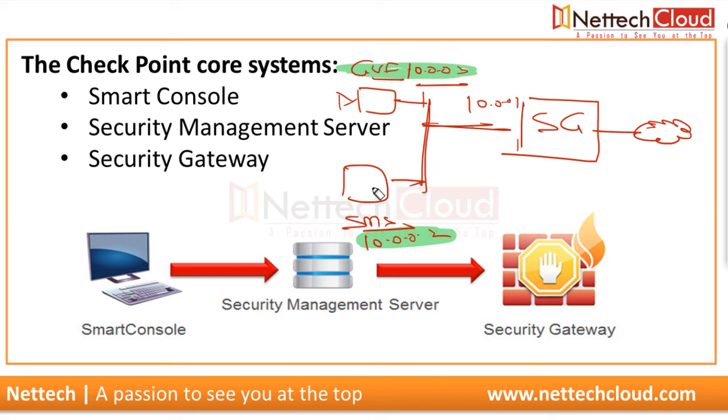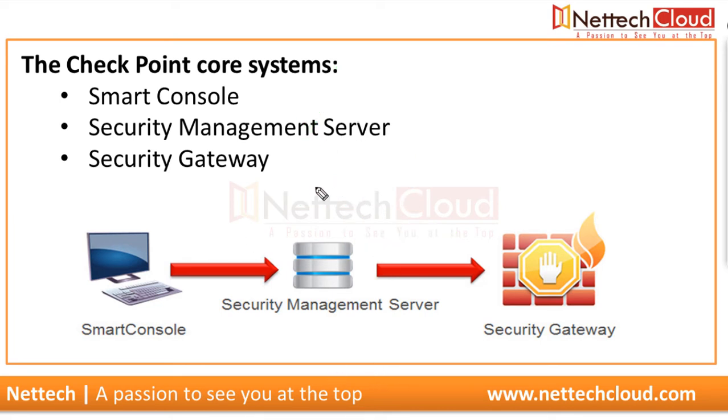It means the communication is taking place directly between the GUI client and SMS, because the traffic doesn't need to pass through the firewall. So really we don't need to care about these two ports, TCP 18190 and TCP 19009.